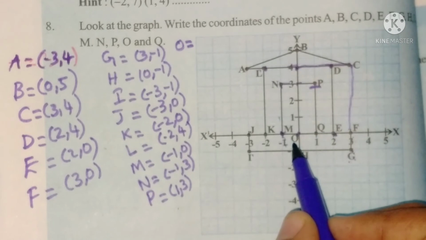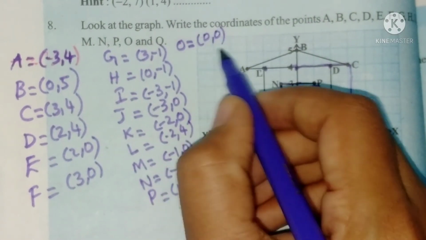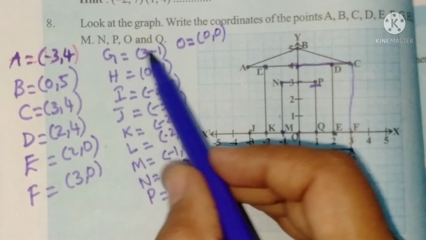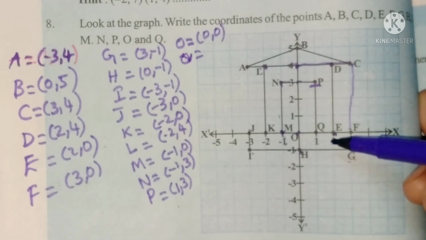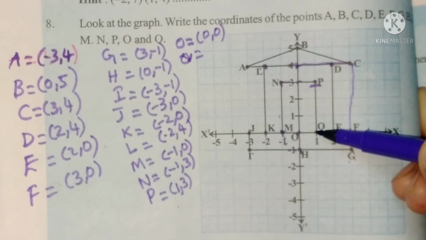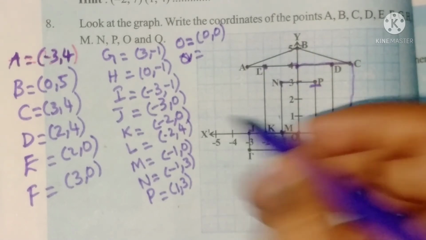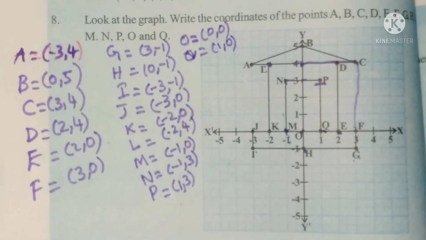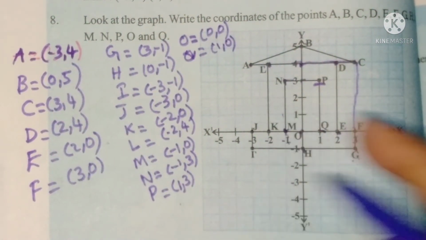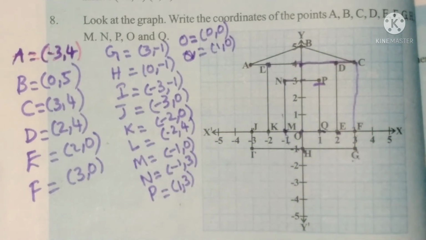Next O. O is nothing but origin. What is the coordinate of origin? X 0, Y 0. And the last one Q. Okay, where is Q? Here. Okay, on x-axis 1 and it lies on the x-axis, so y is 0. So 1 comma 0. So like this we can write the coordinates if a point is given on the graph paper.